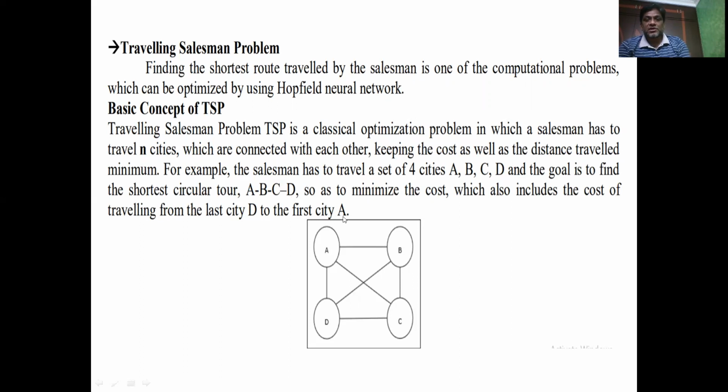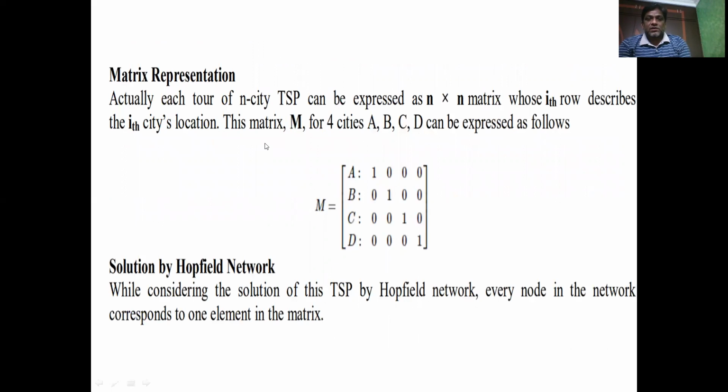So we can use a Hopfield neural network to design a solution for the traveling salesman problem. A matrix can be used to represent a TSP where, if there are n cities, you can use an n by n matrix for representing the costs of visiting cities from one city to another city.